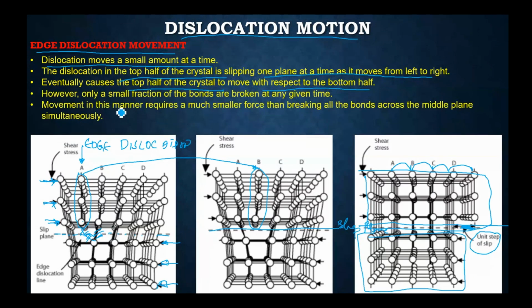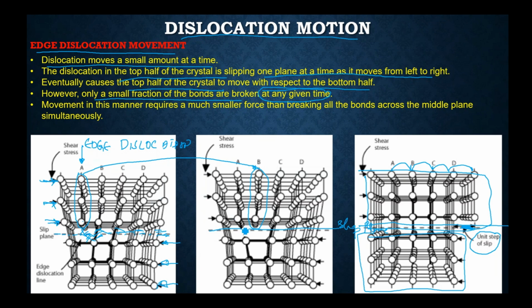And the important thing is only a small fraction of the bonds are broken at any given time. It is not as if all the bonds are broken at any instance, and they are created at another instance.